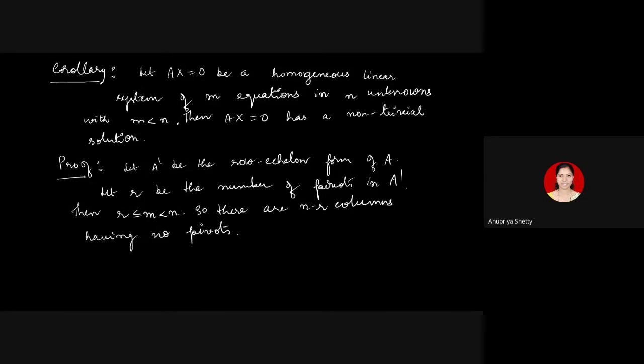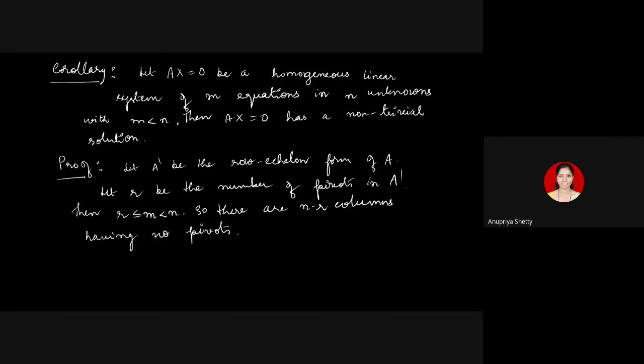If the second, the third and the fifth don't have a pivot, for x2, x3 and x5 you give arbitrary values and solve for x1 and x4. So you are free to give arbitrary values and solve for the remaining variables.